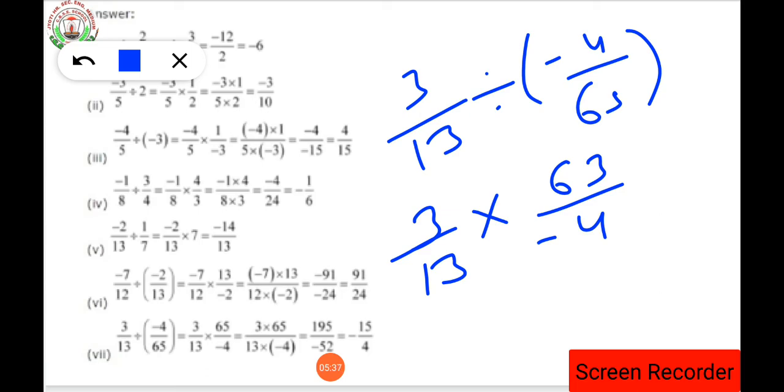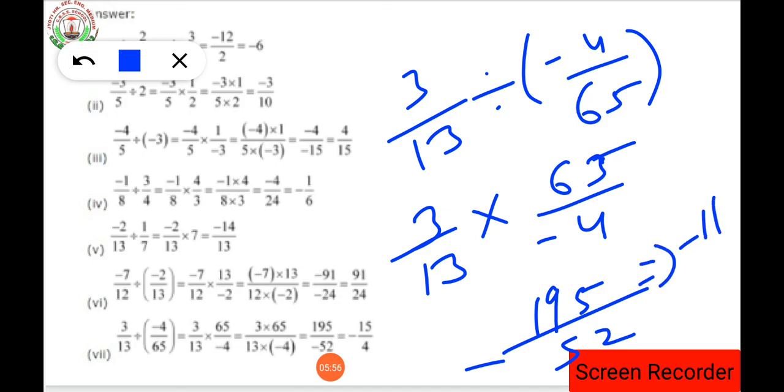So multiply that number. Here it is 65, not 33. So 3 5's are 15, 3 6's are 18, 18 plus 1 is 19, upon 13 4's is 52. Minus 52. When it gets cancelled by the table of 13, the answer is minus 15 upon 4.